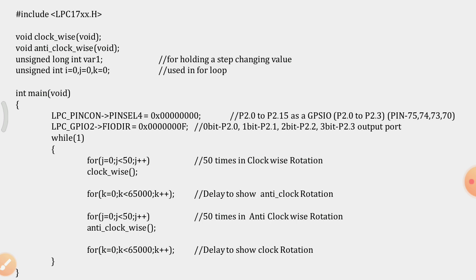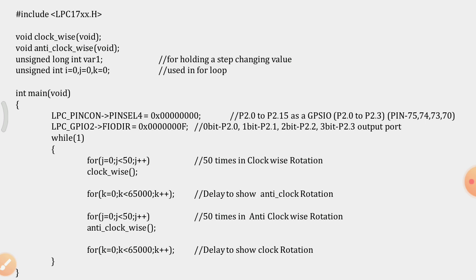Then we have created two functions here, void clock_wise for clockwise rotation and void anti-clockwise for anti-clockwise rotation. These two functions define clockwise and anti-clockwise rotation whenever we call them in our main program.